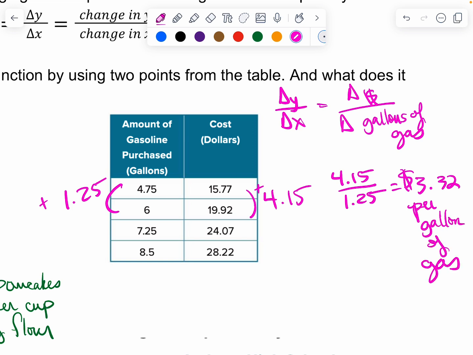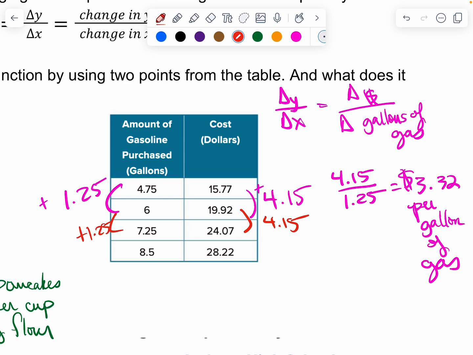And somebody's going to say, well, do I have to use the first two? No, I could have used the second two if I wanted to. 24.07 minus 1992. Oh, look at that. It's also 415. And this is also $1.25. Okay? So you can use any set you want.